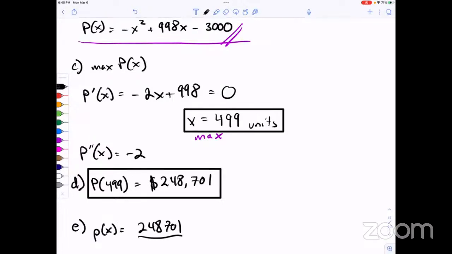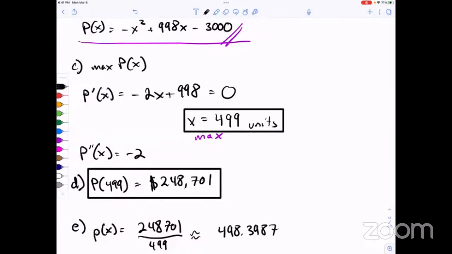Hey Siri, what's 248,701 divided by 499? 248,701 divided by 499 is approximately 498.3987. Price per unit, almost $500. Let's see, is that right? What am I missing? I feel like I'm missing something there.